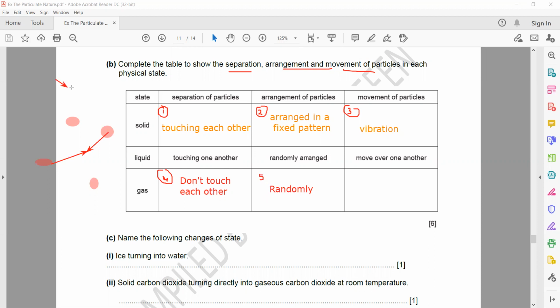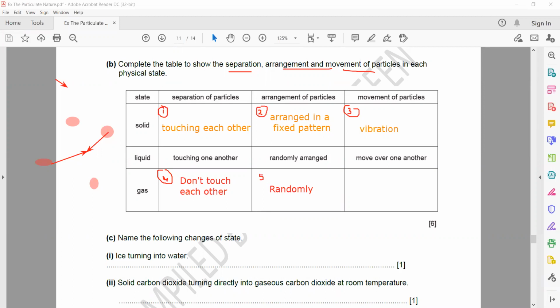But in liquid, the particles are continuously in touch, whereas in solid as well, the particles are in touch. Yes, collision can happen, but touching each other here refers to being continuously in touch with each other. That's why we are saying they are not touching each other.